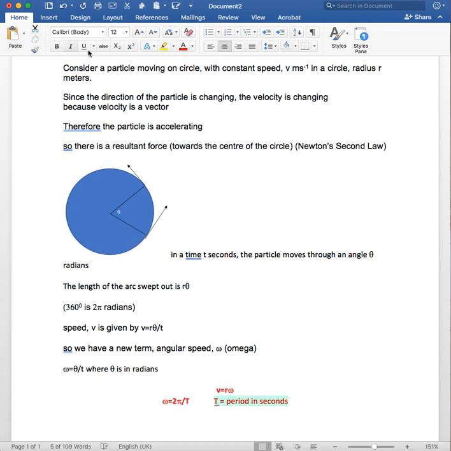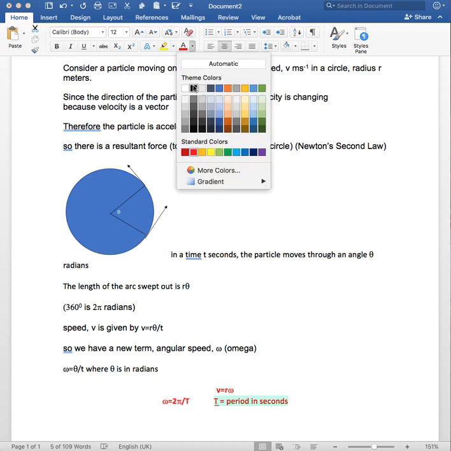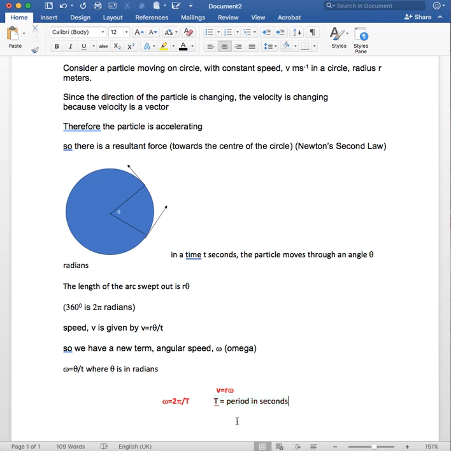Sorry. So hopefully that's fairly clear. So then, a variation of that same equation, which you might like to have, T is 2 pi over omega.